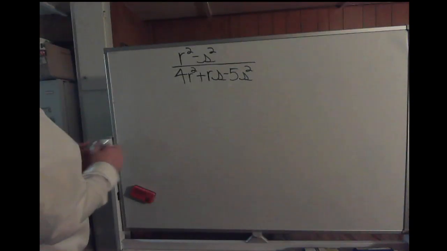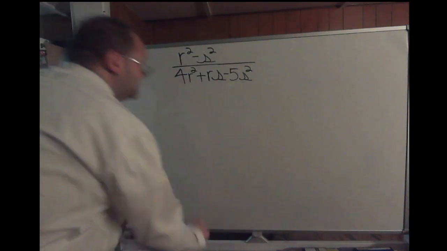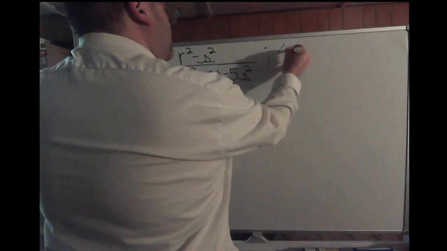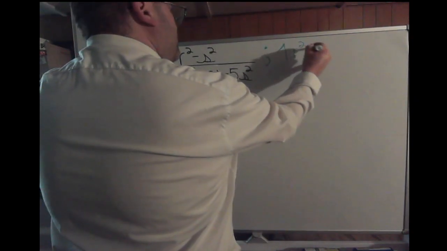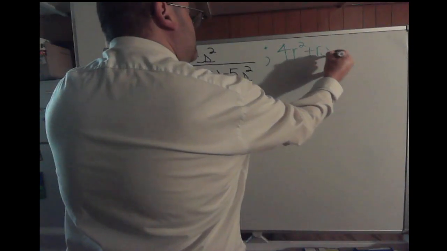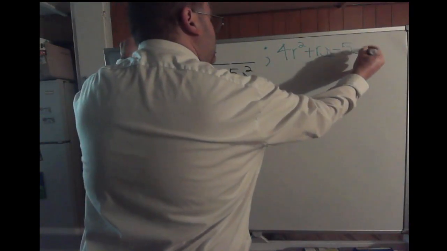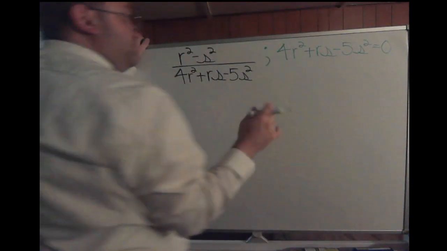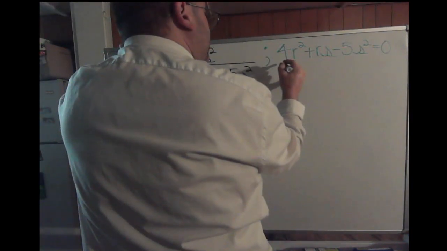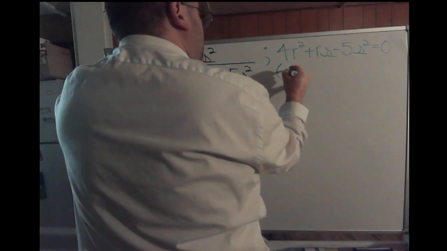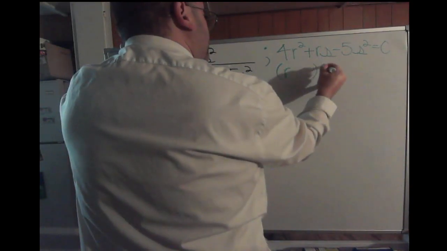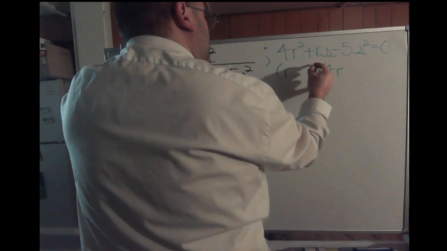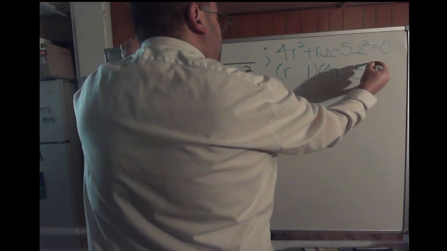Well, first let's take our denominator, set that equal to 0. You would have 4r squared plus rs minus 5s squared equal to 0. Let's go ahead and factor this, set the factors equal to 0. I'm going to say r and 4r, 1 and 5 for those.